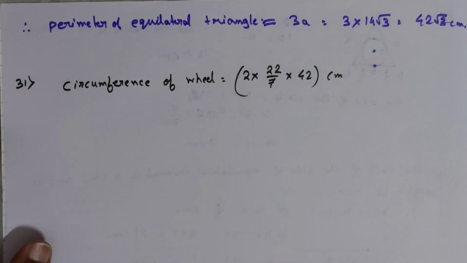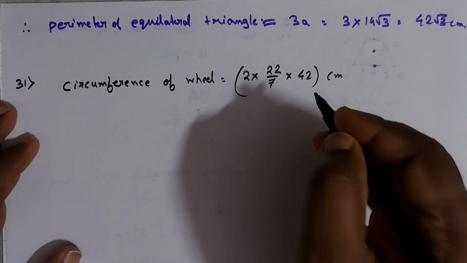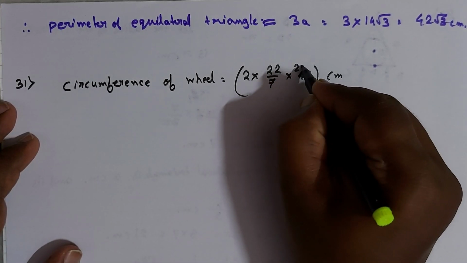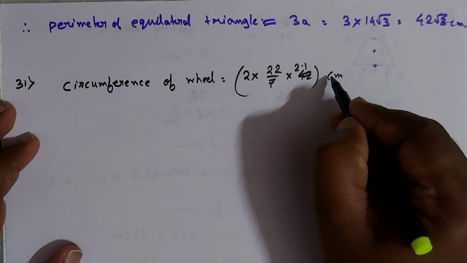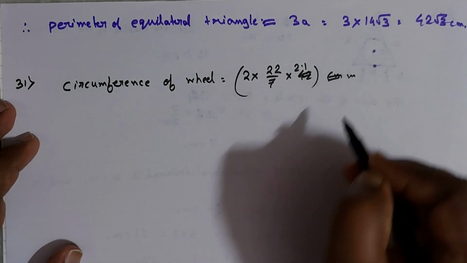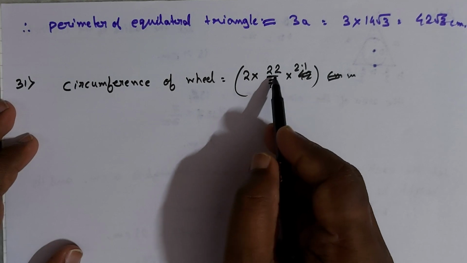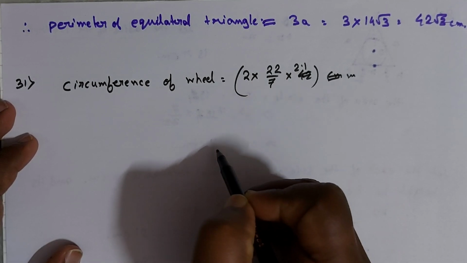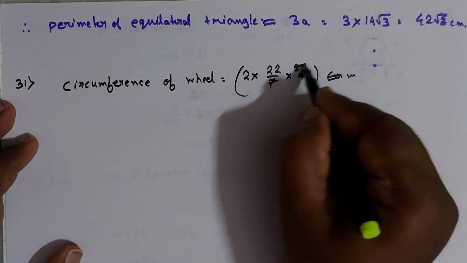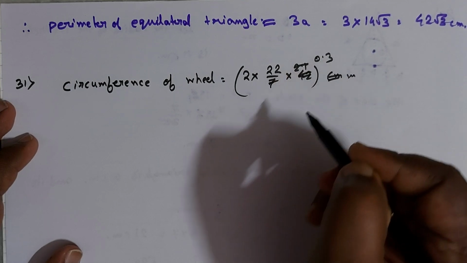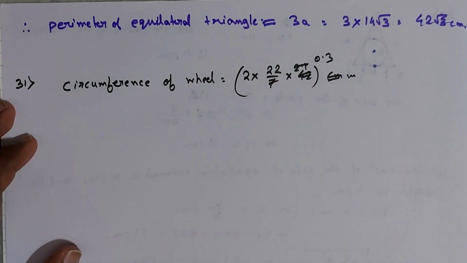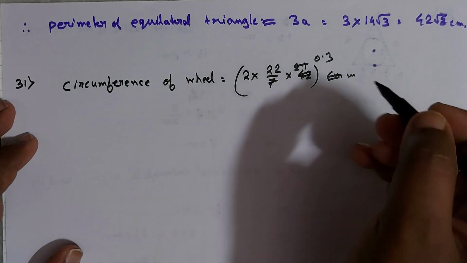Sorry, not 42, it is 2.1 meter that is given. I was looking at another question. 2.1 meter, okay. So 2 into 22 by 7 into 2.1 meter. If I do this, it will be 66 by 5 meter.